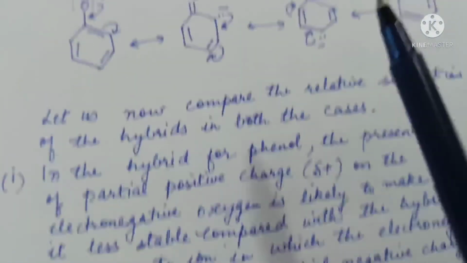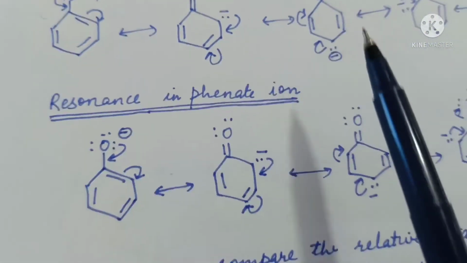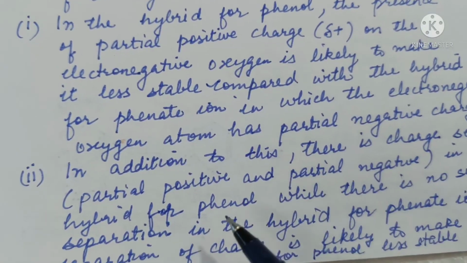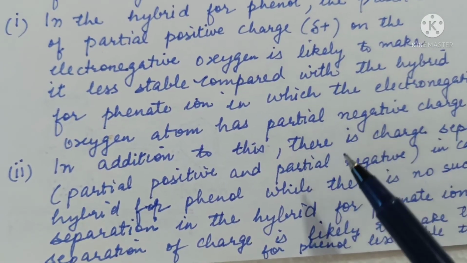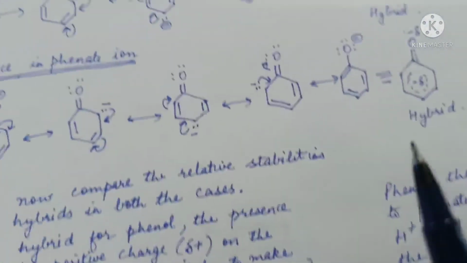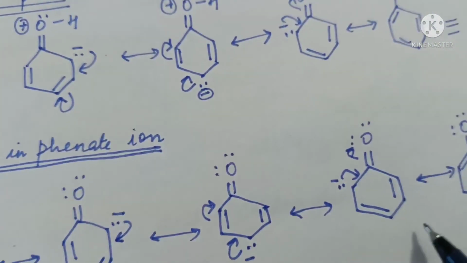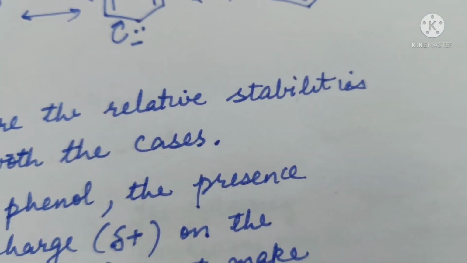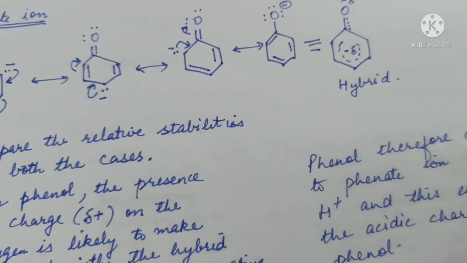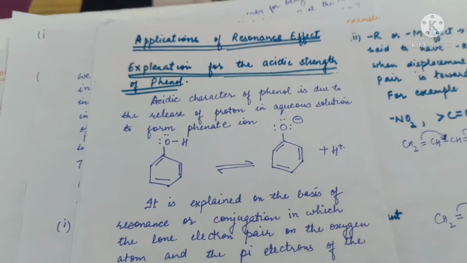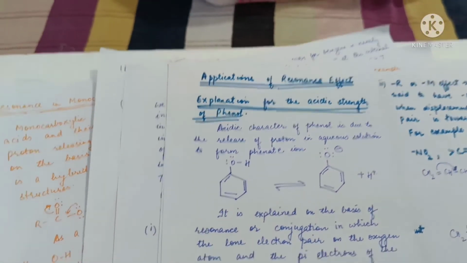Then secondly, there's charge separation in phenol, whereas there's no charge separation in phenoxide ion. Then thirdly, the negative charge of the oxygen atom is distributed on the entire benzene ring in case of phenoxide ion, making it more stable. So as phenoxide ion is more stable than phenol, the reaction will proceed in the forward direction and phenol will give a proton and act as an acid.